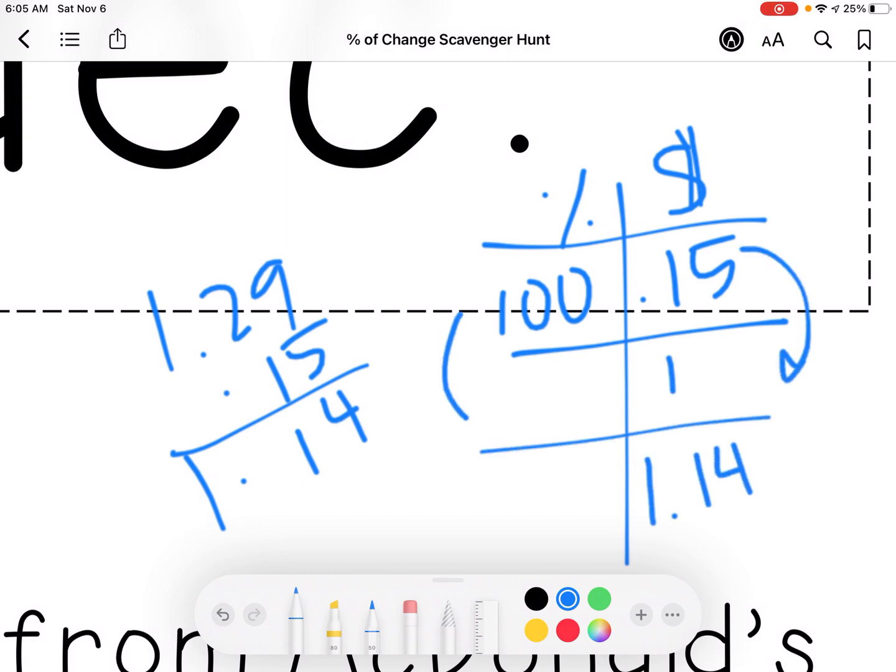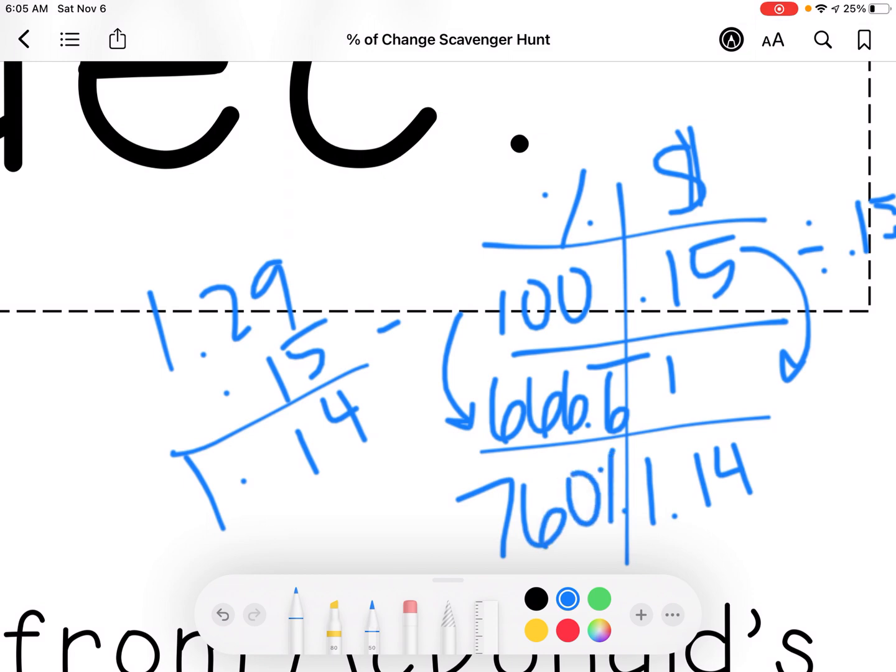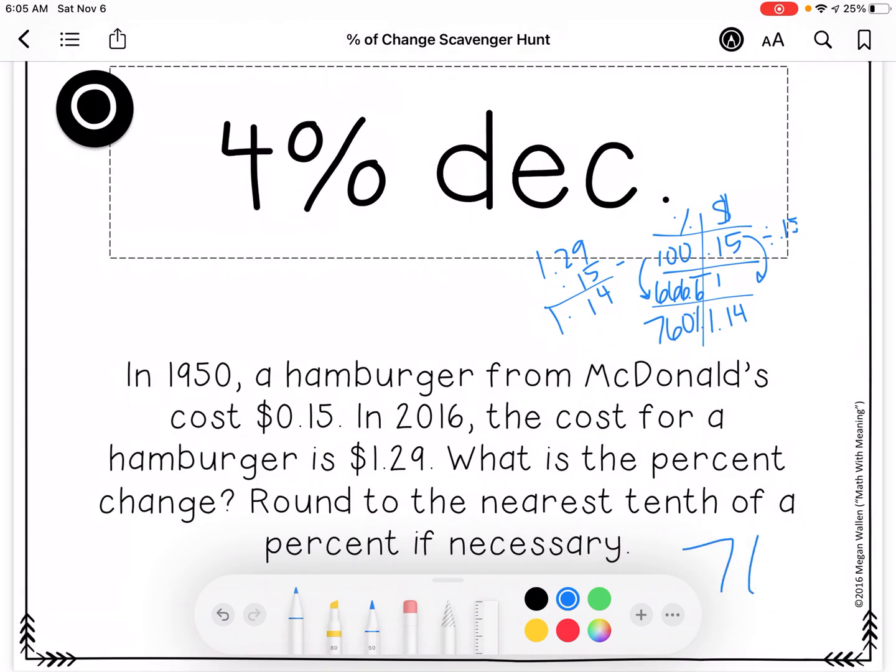So I'm dividing by 0.15. So 100 divided by 0.15, I get 666.6 repeating times 1.14, and I get 760%. So it's a 760% increase.